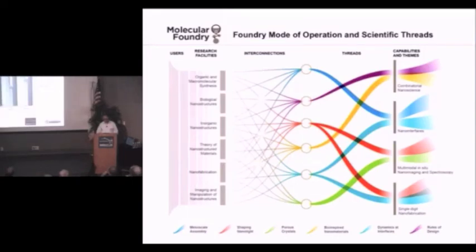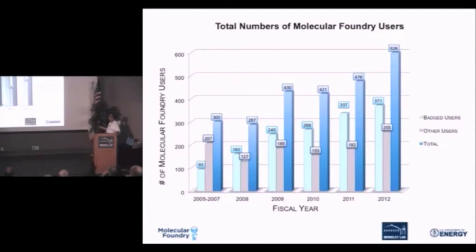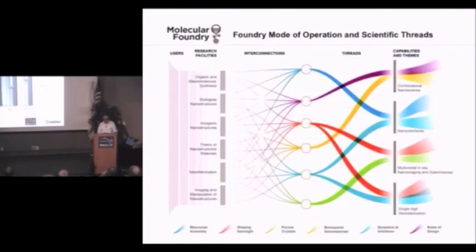Within just the last year, we have increased to record numbers the number of users of the Molecular Foundry. These are badged users as defined by DOE, and these are the total number of users, ranging from samples and instrument use and other people that might be participating in projects.